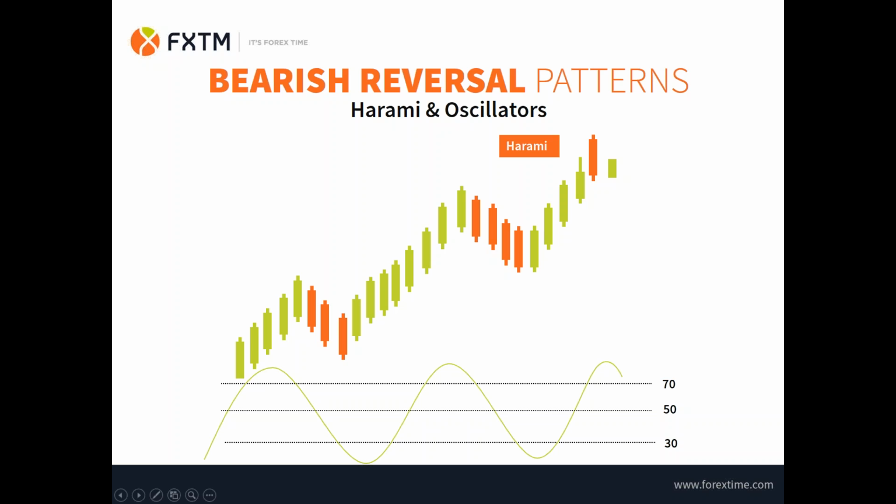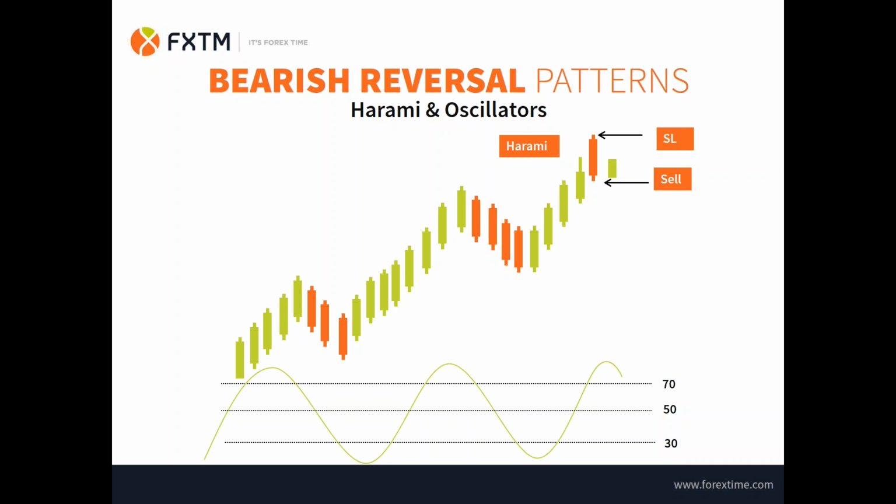So here is your Harami. This is the Harami, the last two candlesticks. And we sell there when the next candlestick breaks below the low of the longer candlestick right here. All right? And since the oscillator is overbought, then we feel more confident to go short.